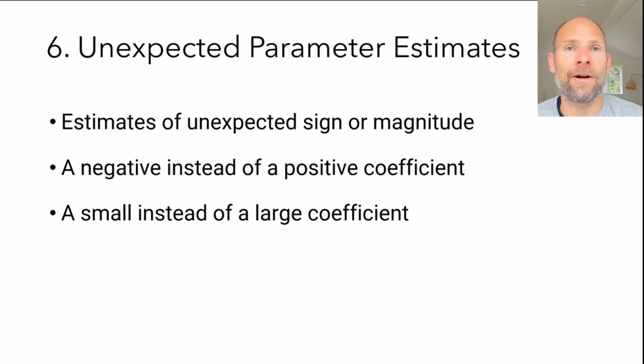Also, we can never assume that the causal direction is correct necessarily. When you have a path model with directional arrows in your model where X causes Y, or that's your assumption, then this may not be the case.